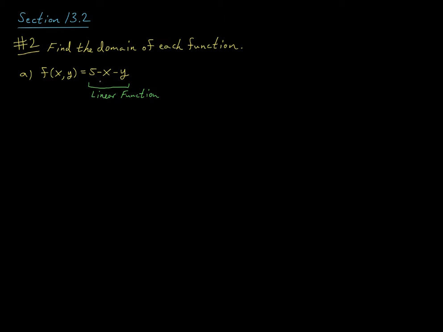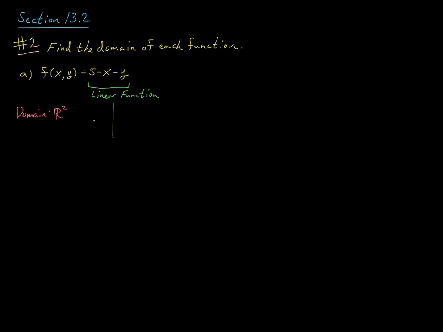In other words, this will always produce a nice, real-valued, well-defined output. So for that reason, we would just say that our domain is all of the xy plane, all of R2 here.